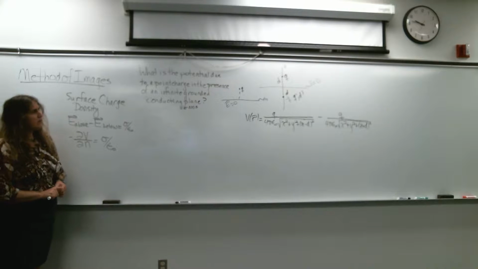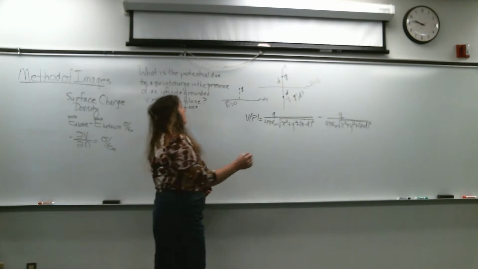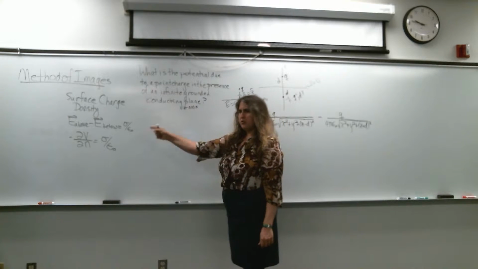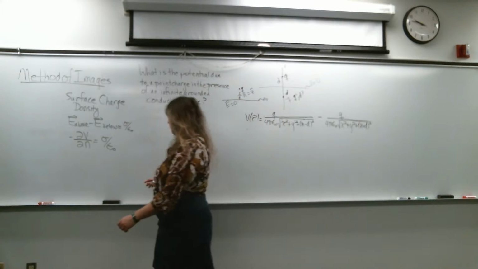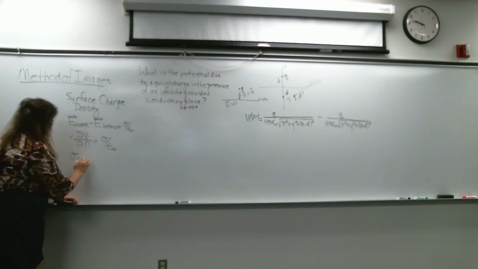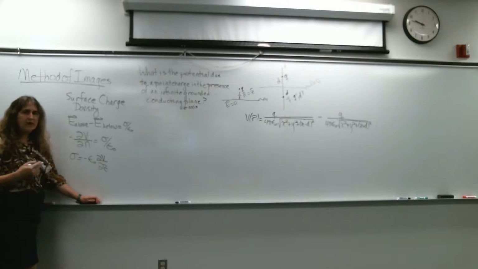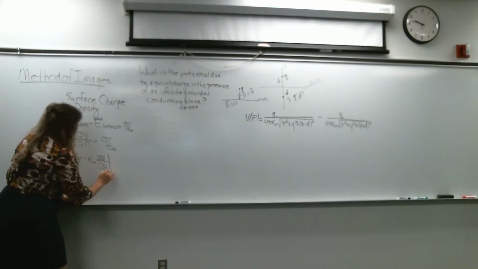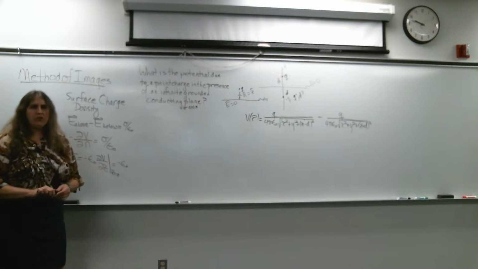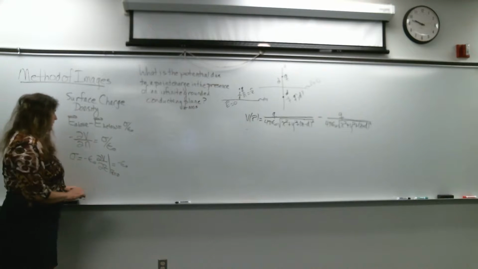So what's the normal in this case? Well, the normal to this plane is just going to be pointing in the positive z direction. So I'm going to take the partial derivative of V with respect to z here, and evaluate it at the z equals 0 plane. Both of those terms have in common the factor of q over 4 pi epsilon naught, so I'm going to pull those out outside.